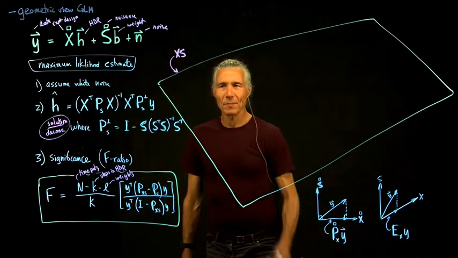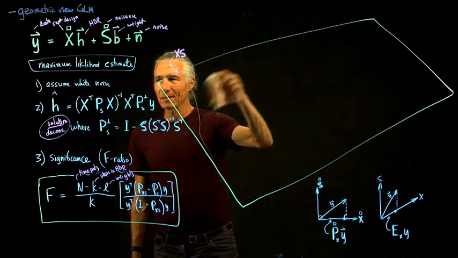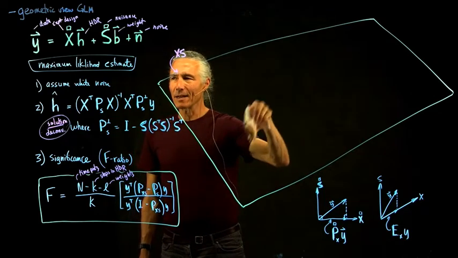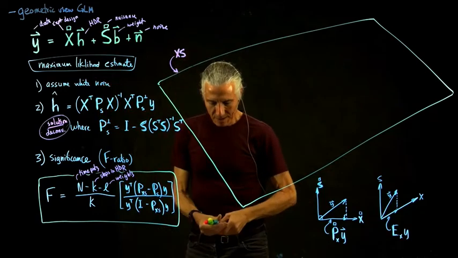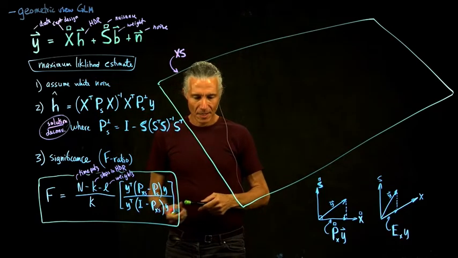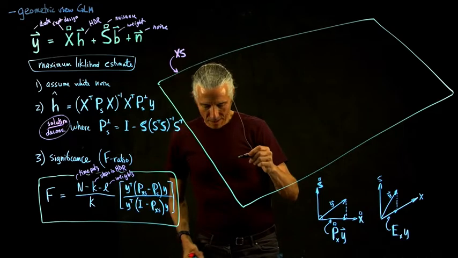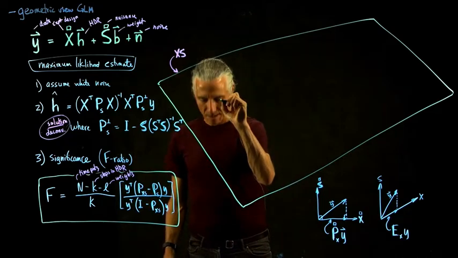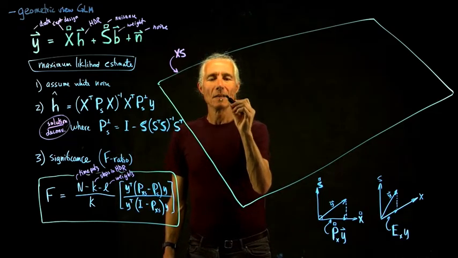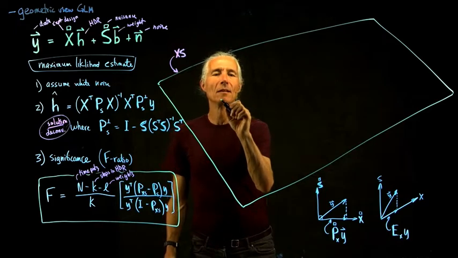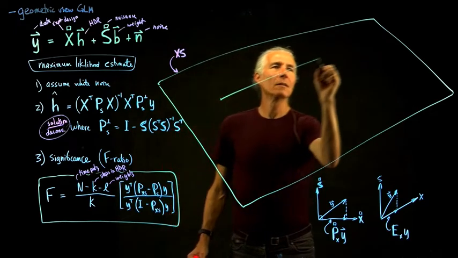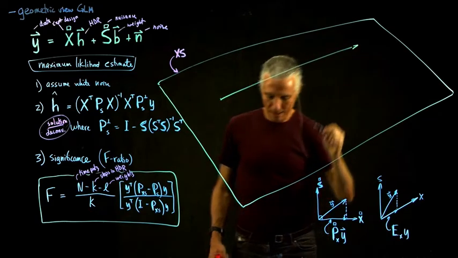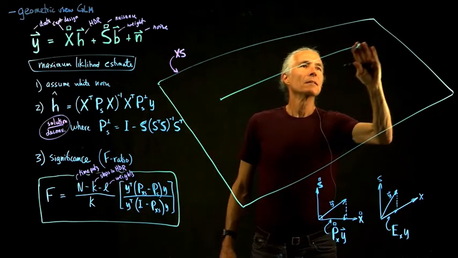Okay, so back to where we were. We've got this space of everything in it. It's got both the experimental design as well as the nuisance factors. Let's start here, and we'll draw a direction in here, and make it a little longer.